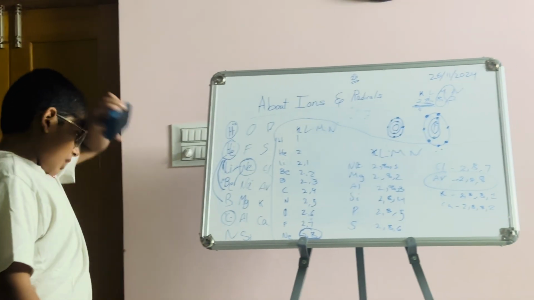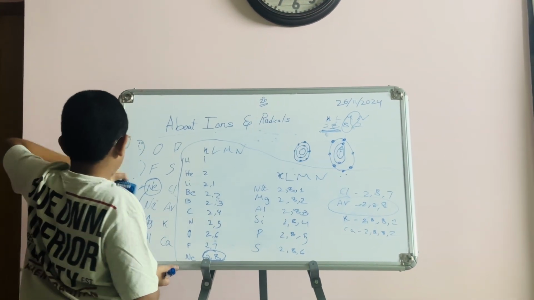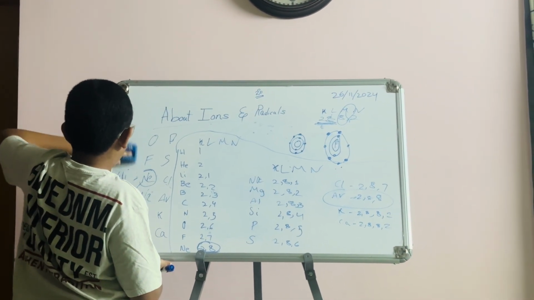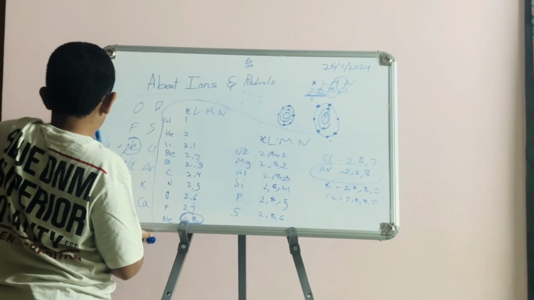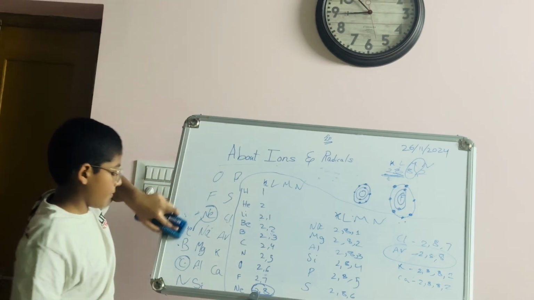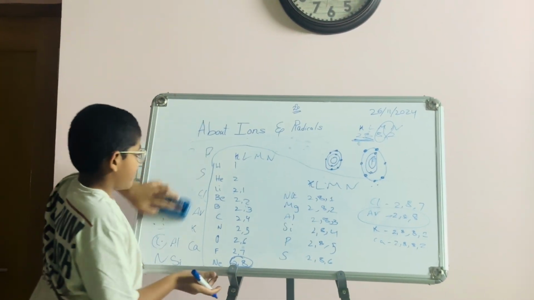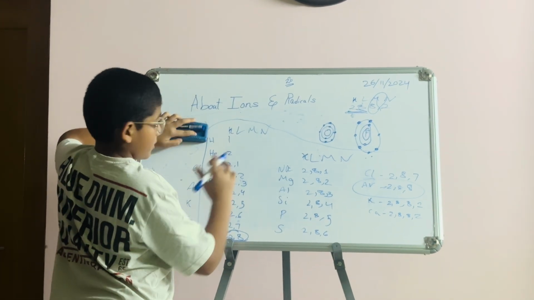Now let's go for radicals. Actually, what are ions? Ions are the positively or negatively charged particles formed from neutral atoms. Like I have told you, right?